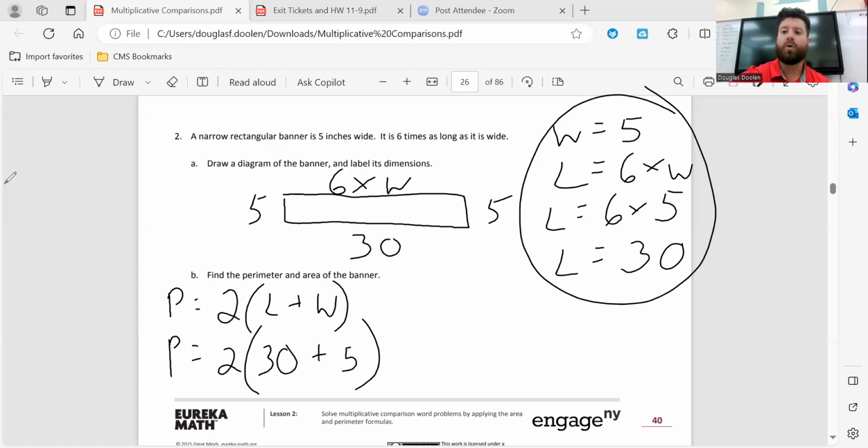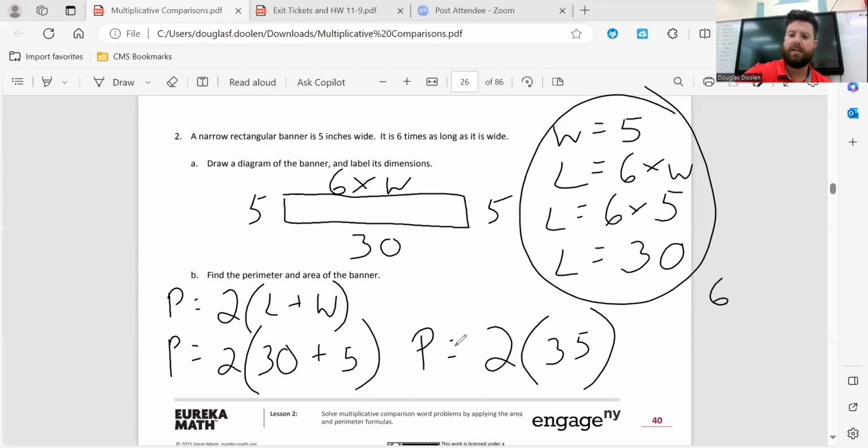Okay. Order of operations, we can do those parentheses first. What's 30 plus 5, everybody? 35. So we have P equals 2 times 35. And what's 2 times 35? This is where we have to use our multiplication, right? What's 2 times 30? 60, good.